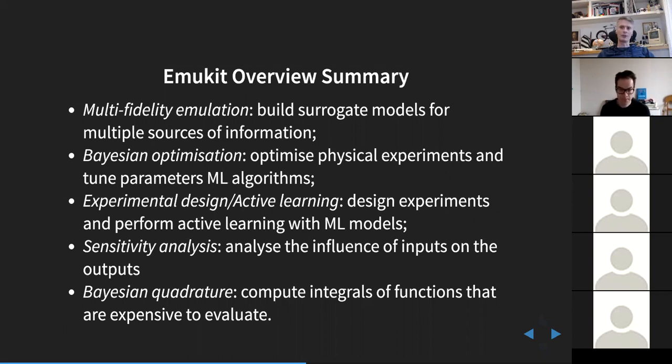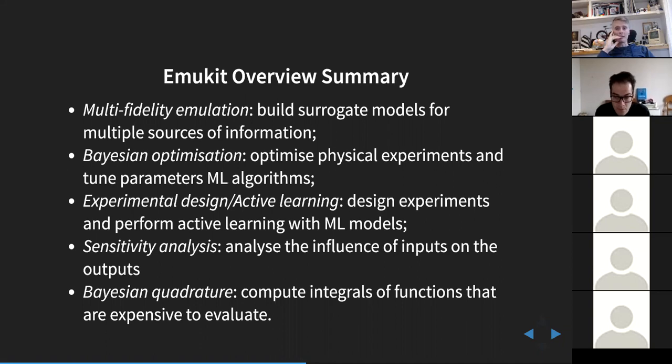They had a big project in Sheffield focusing on that. We won't be talking too much about Bayesian quadrature, but it's there. In fact, that's the work Alex Gessner did in EmuKit, where you can have acquisition functions that are associated with trying to get the best understanding of an integral of the target function.